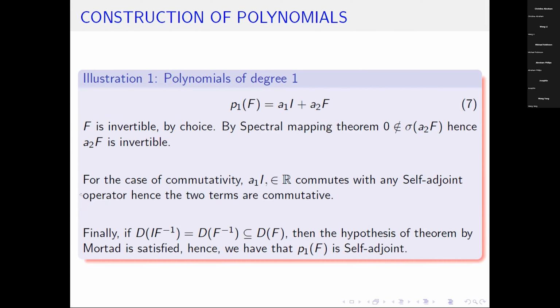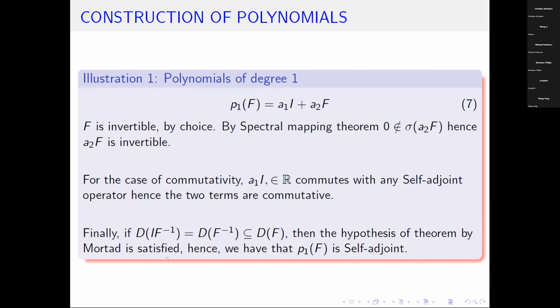Second, we establish the commutativity of a_1 I and a_2 F. Since these operators have a common domain, which is the domain of a_2 F, they will commute, as in the lemma that we have just covered.